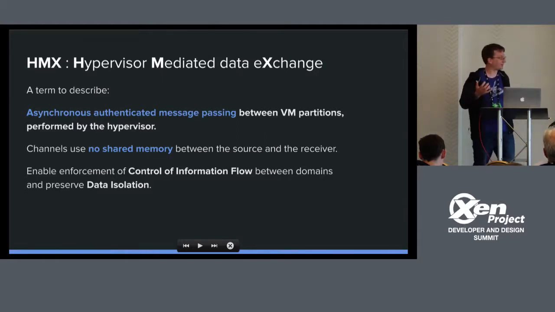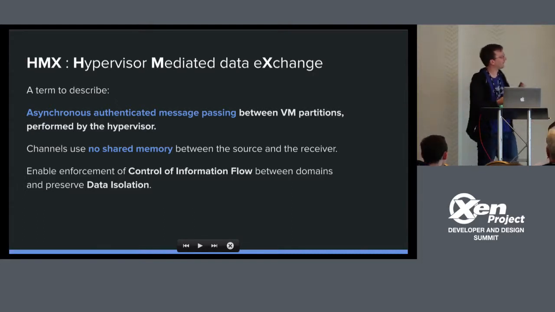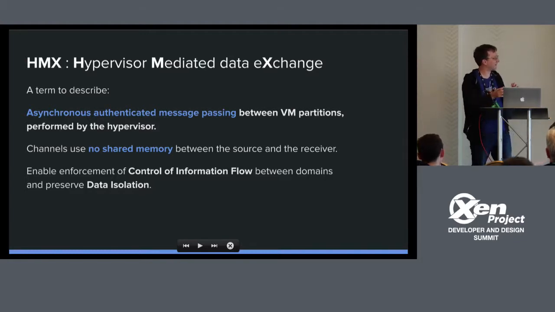I was trying to distill what it is that is different and distinctive and that you need to look for when you're evaluating, can I do the same thing elsewhere? So this hypervisor-mediated data exchange is the term we use to describe asynchronous authenticated message passing with no shared memory and able to enforce the adherence to the data exchange protocol.